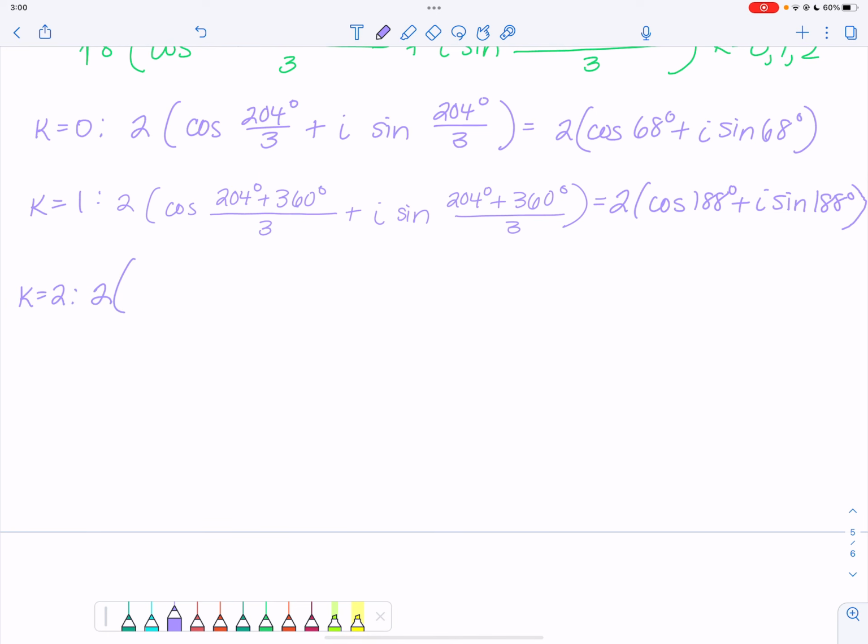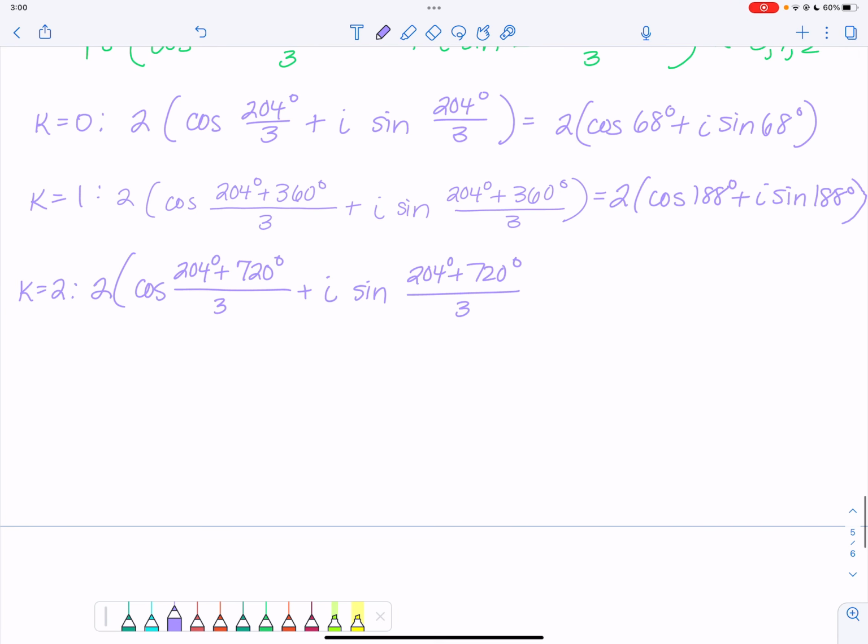We have 2 multiplied by the cosine of 204 degrees, and now we're adding 720 since k is equal to 2, divided by 3, plus I sine 204 degrees plus 720 degrees, divided by 3, and now we come up with 2 cosine of 308 degrees plus I sine of 308 degrees.